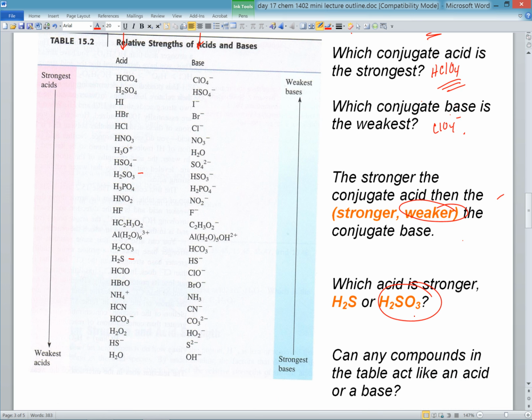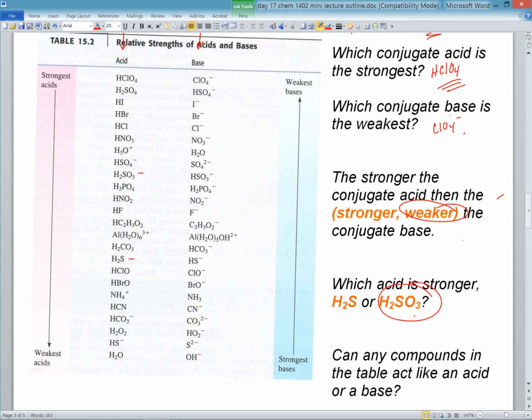Do you see any compounds in the table that can act like an acid or a base, Daisy? Can something act like an acid and a base according to this table? Does anyone see anything on both sides?